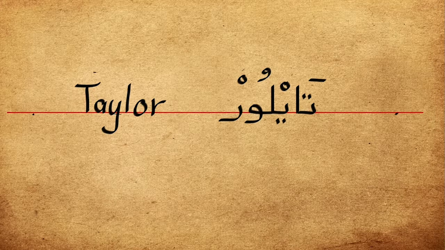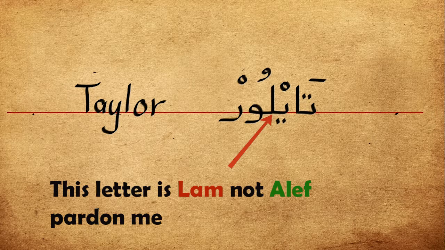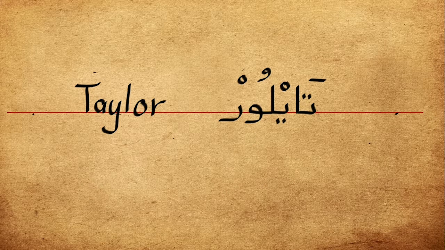Here is ta, alif, ya, alif, waw, and ra. The length of alif does not really matter. Sometimes I make it higher and lower, so it doesn't matter the length of the letter alif.